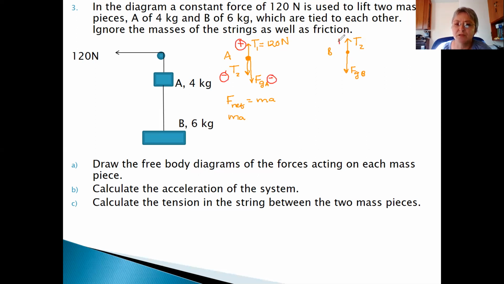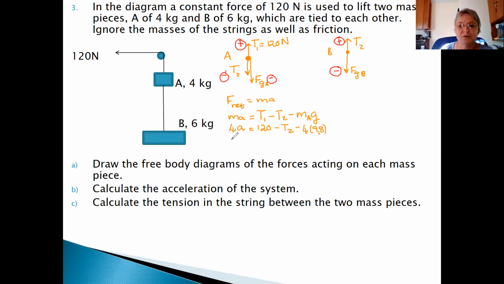There we have our direction sorted out. So T1, which is also your applied force, minus T2 minus mAg. The mass of A is 4. 4a equals 120 minus T2 minus 4 times 9.8.